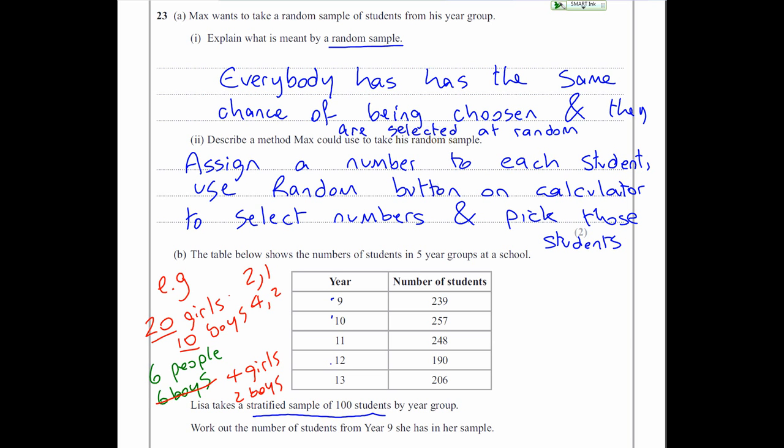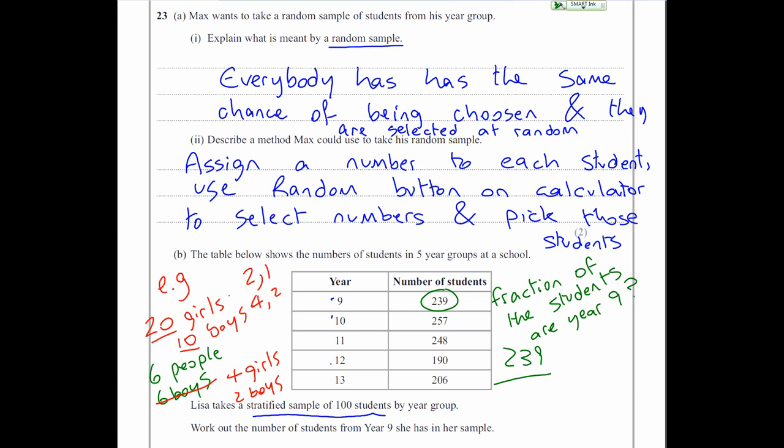Anyway, back to our question. We're trying to make it fair. So what we need to do is figure out what fraction of year 9 we want. So what fraction of the students are year 9? Okay, so we've got 239 in year 9, out of how many?